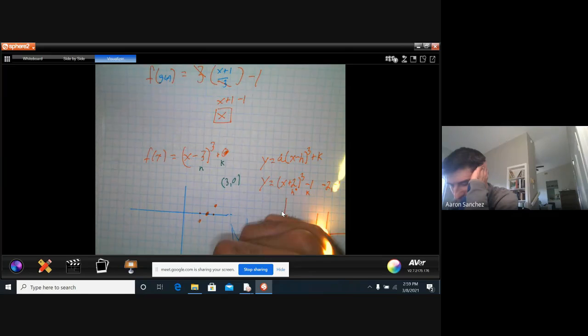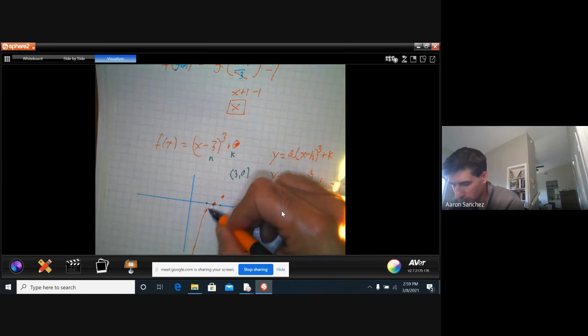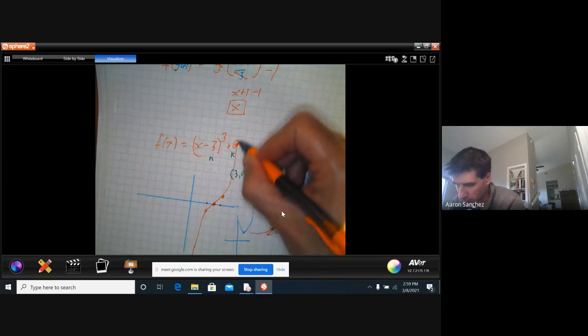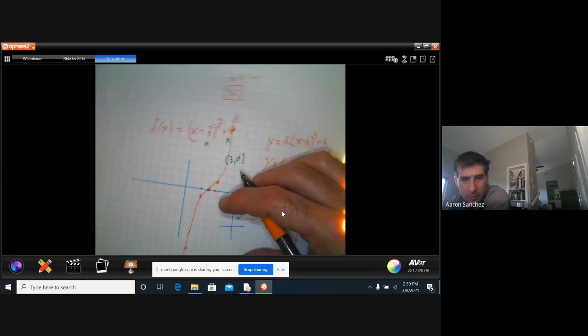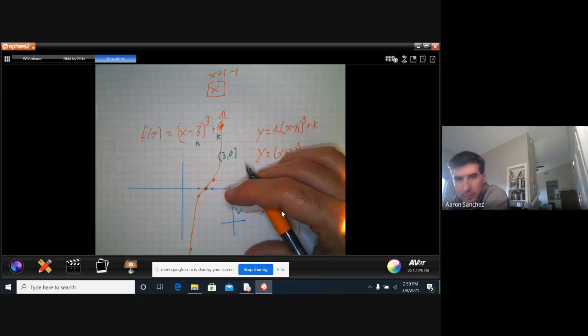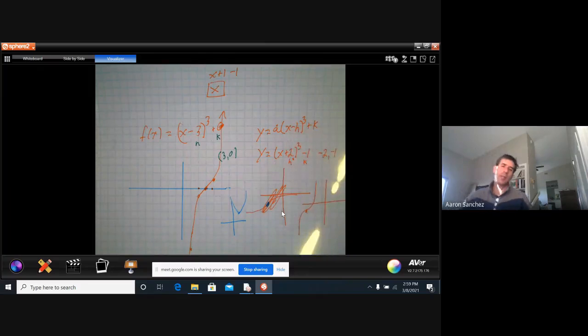And then you just connect the dots. Okay, I got it. So you do that with all of them. Like the cube tells you what to do. So you cube your x's to get your y's.